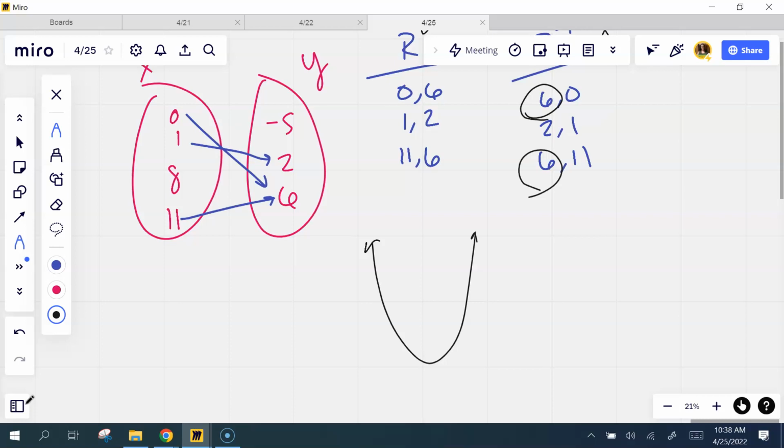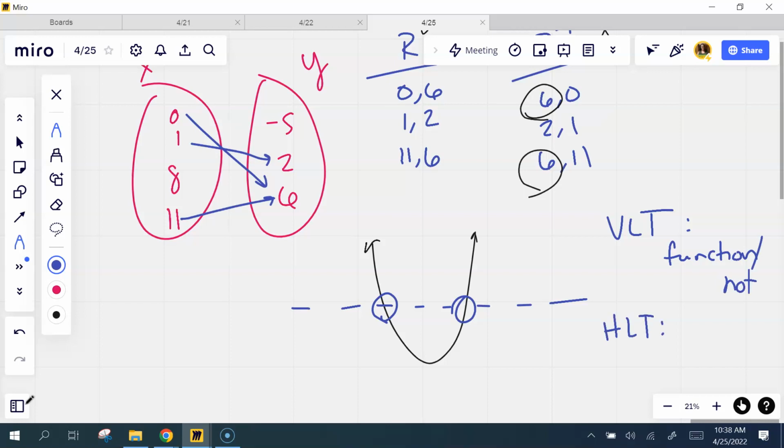A vertical line is never going to hit it more than once. But if I change that to a horizontal line, it hits twice. So the vertical line test tells me whether it's a function or not, but the horizontal line test tells me if the inverse is a function or not.